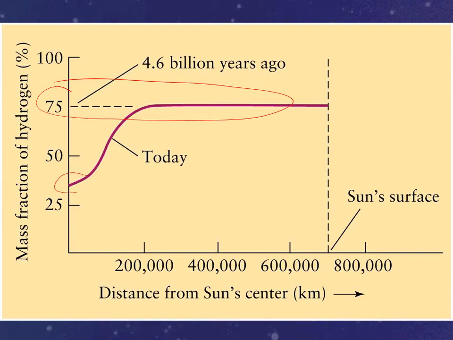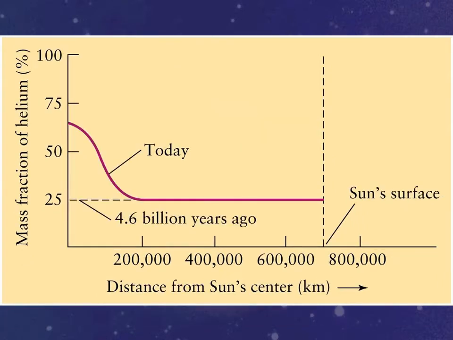Today, the innermost part of the sun, right near the core, is 30-something% hydrogen by mass. The outer parts do not participate in nuclear fusion at all, and so they stay the same proportion of hydrogen and helium, but the inner part has become more and more helium rich as time passes.